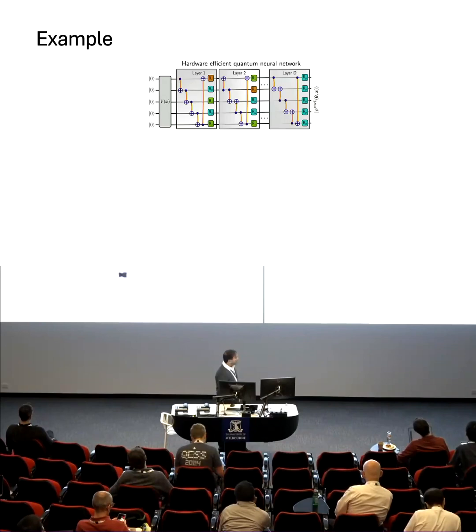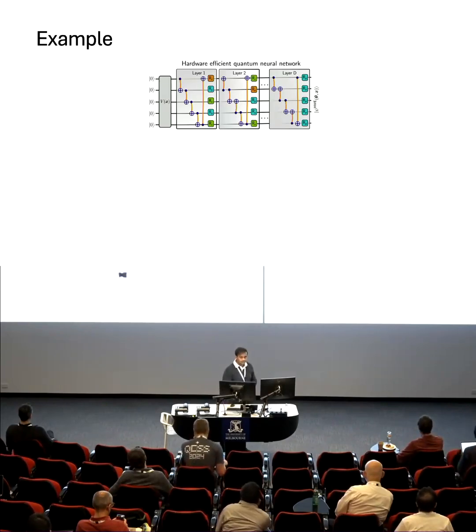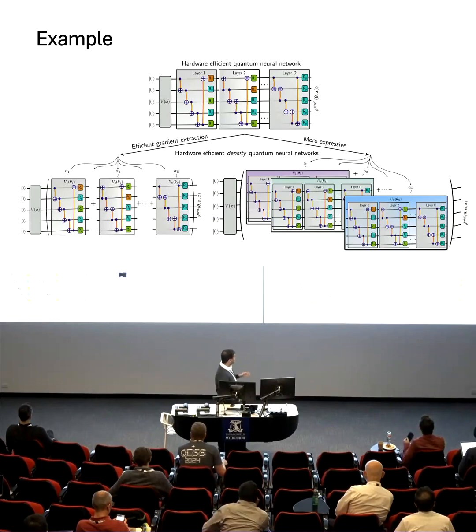All right, now for a concrete example, I'll take the example of the hardware efficient ansatz. The hardware efficient ansatz has entangling gates, a bunch of CNOTs, and single-qubit Pauli rotations as the parameterized gates. If you want to extract gradients efficiently, what you could do is easily break them up into D sub-blocks, because in each of these sub-blocks, the parameterized gates commute with each other.